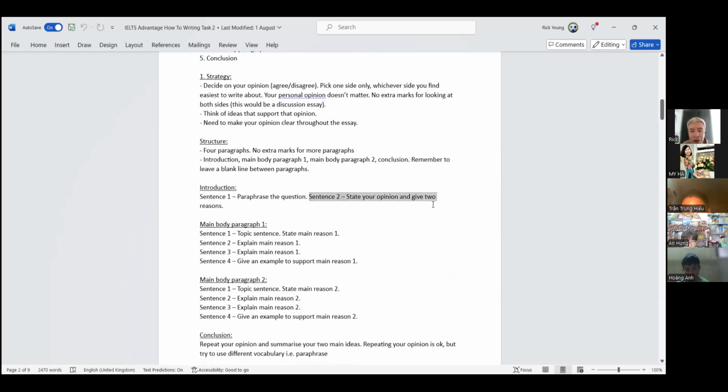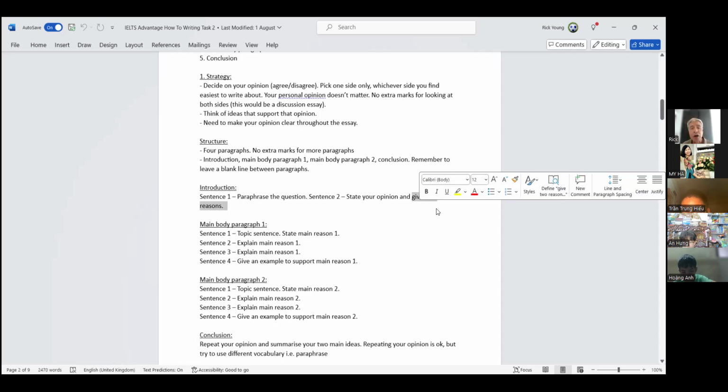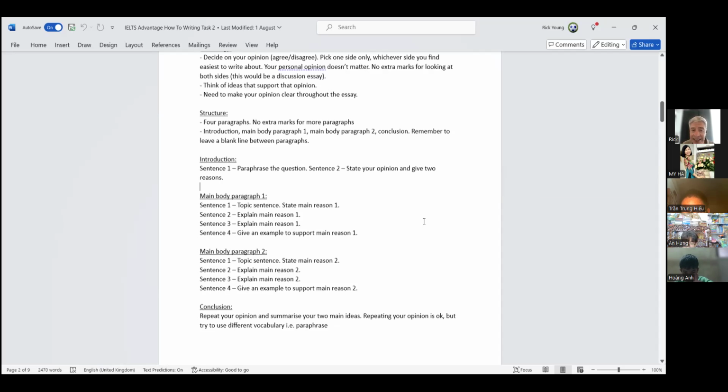Sentence 2 of your introduction, this is where you get to state your opinion if they ask you for your opinion, and you normally give 2 reasons why you have a particular opinion, or maybe an advantage or disadvantage, okay? Or maybe you give 2 solutions, just depends what the essay is. Okay, but you give that as part of your introduction. That is the second sentence.